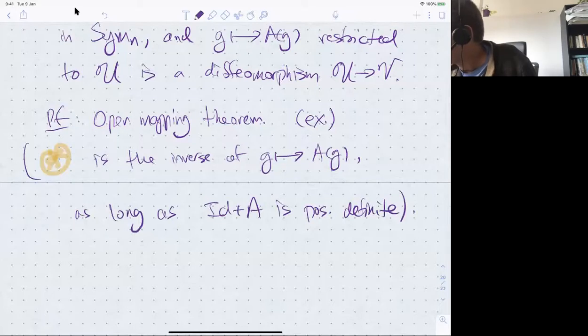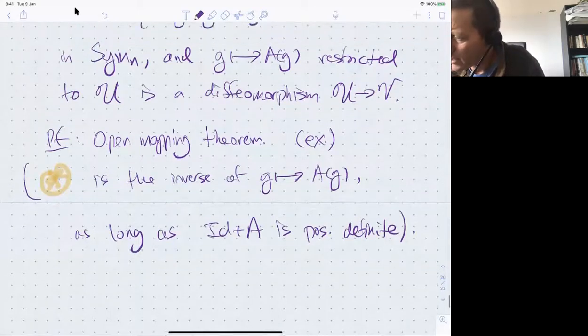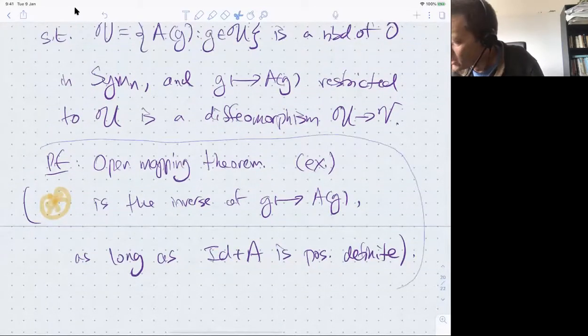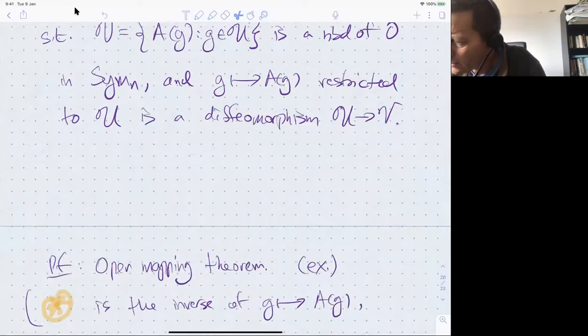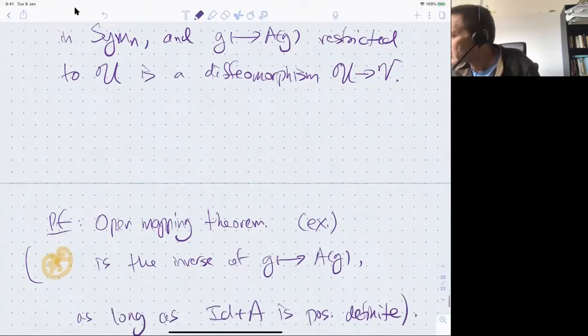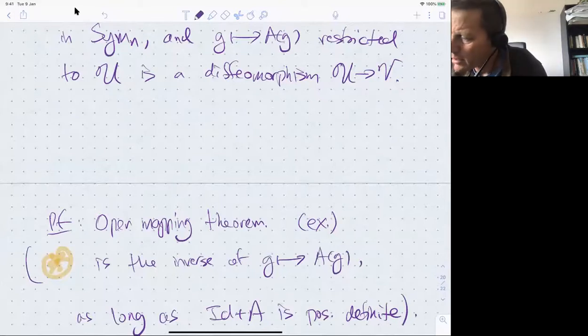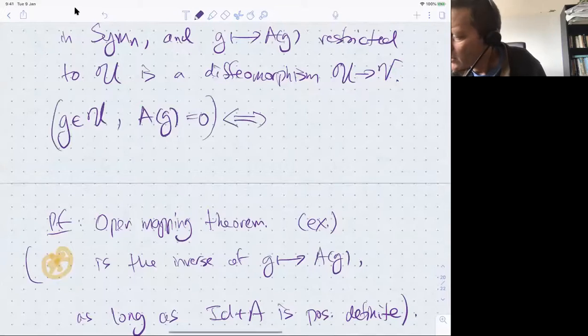So we're going to need this fact. Let's also note, and maybe add that to this proposition, I'll make the proposition a little bit longer. Let's also note that for G in U, A of G equals 0 if and only if G is orthogonal.